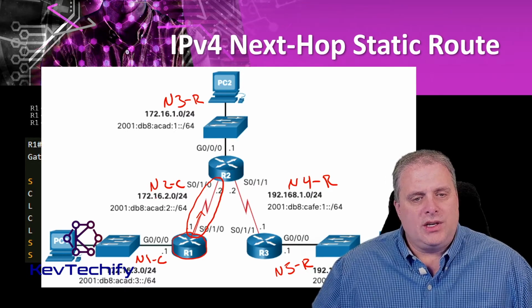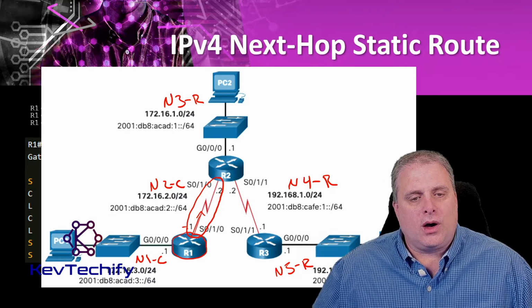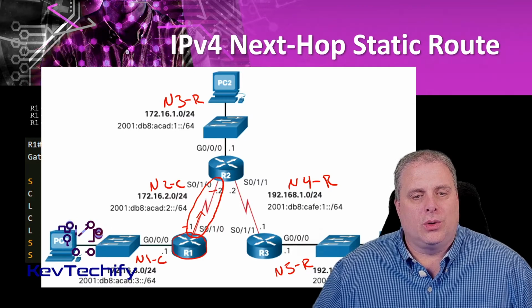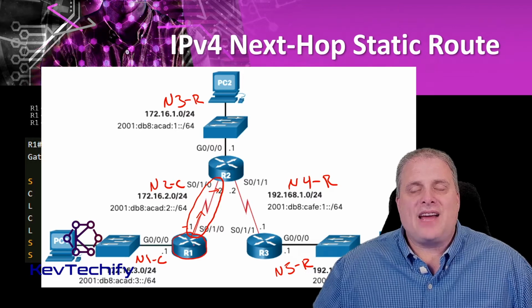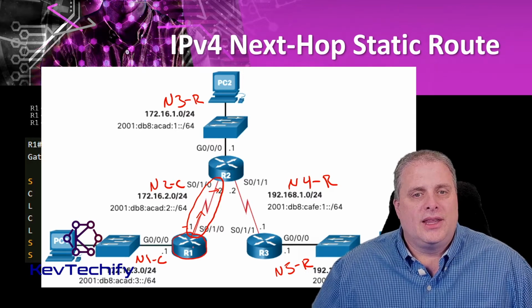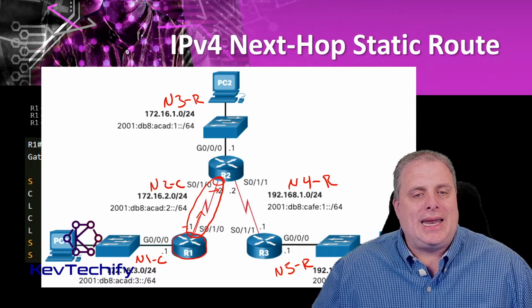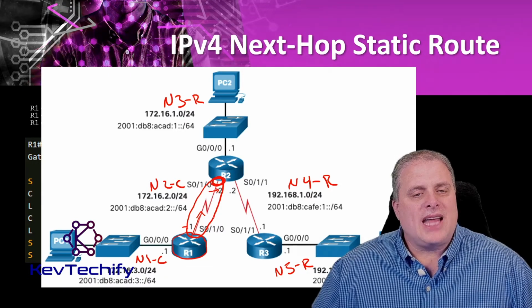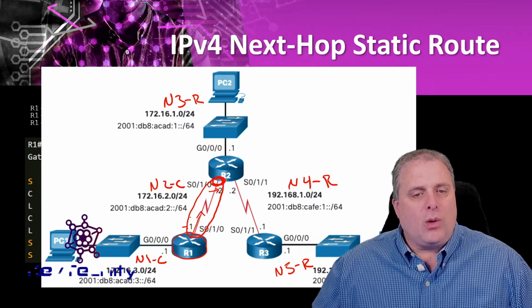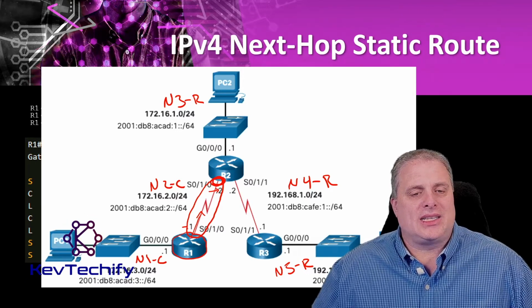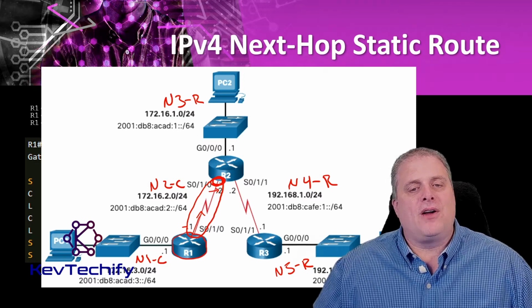This is 172.16.2.1, and then 172.16.2.2. Because I have to send the data to the next router, it needs to be an IP address right here. And so the next hop IP address is on the network I know about because it's directly connected, but it's the IP address that's not on me, but on that far end of the device.